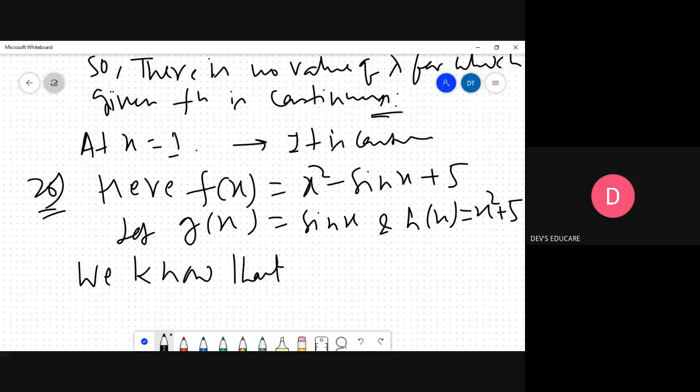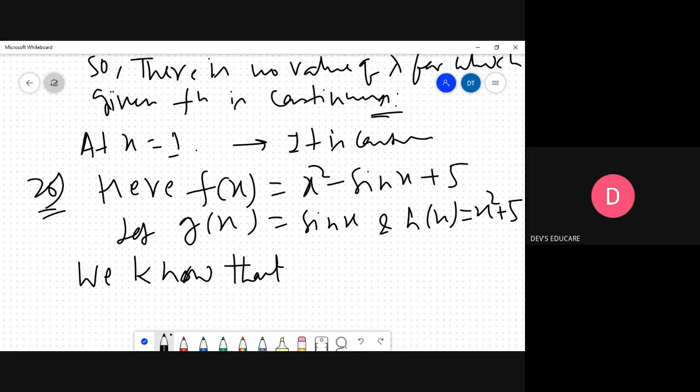If this question is asked for 1 mark or 2 marks, then we will do it with the same steps. Otherwise, we will have to show that g(x) is continuous and h(x) is continuous. That can be shown easily.